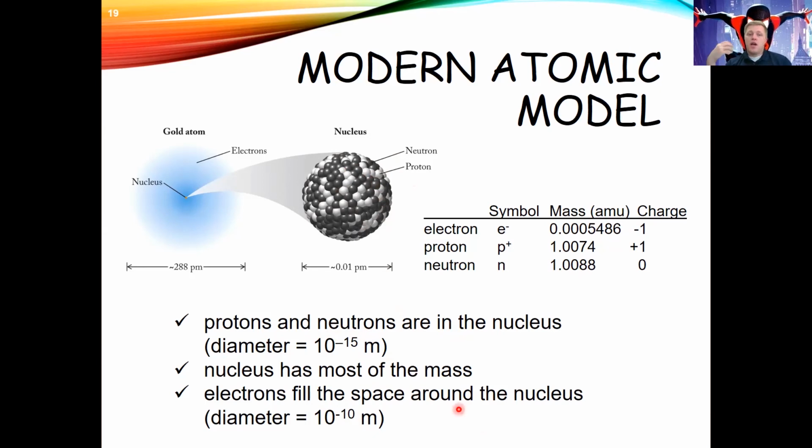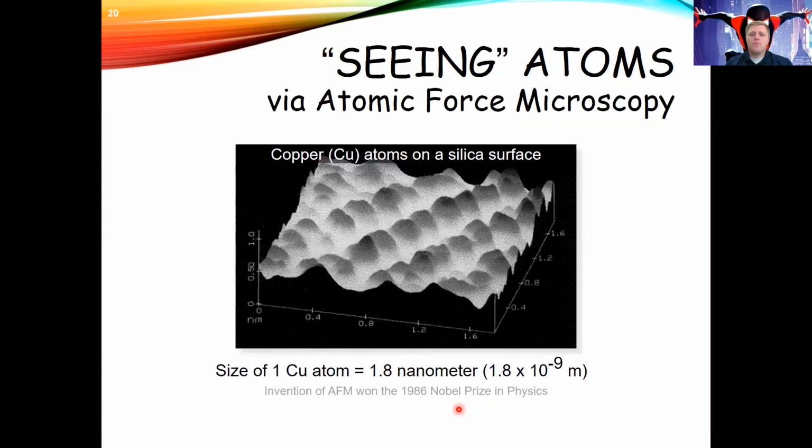Okay, so up until this point, all of this is just looking at experiments that suggest very strongly that this is our model. But now, as of I think 10, 20 years ago, scientists started getting actual images of atoms. Now, we're not going to get into atomic force microscopy and how this works.